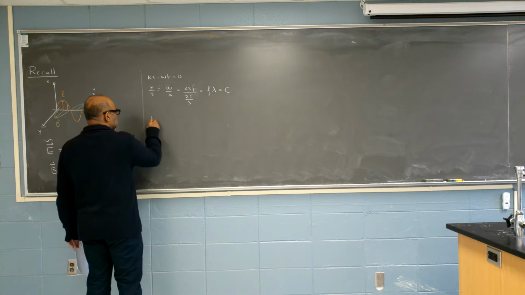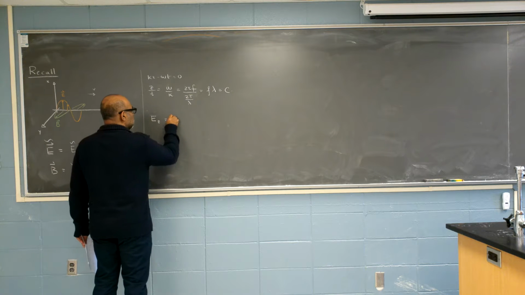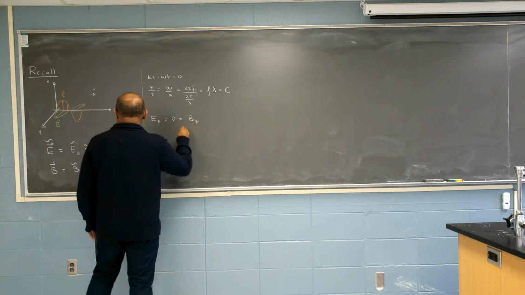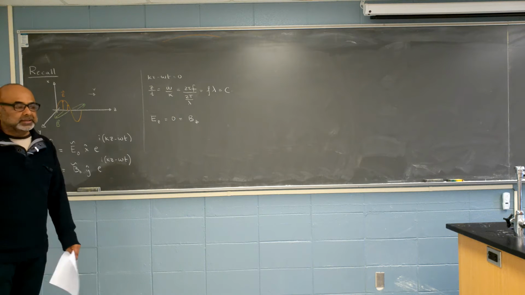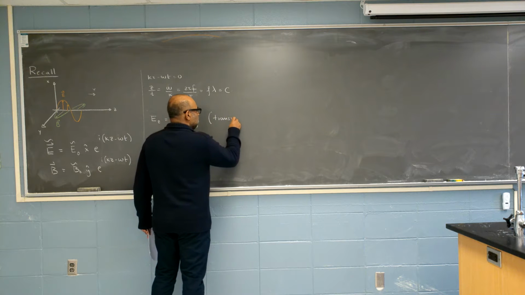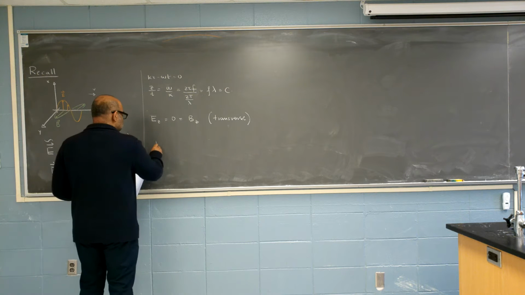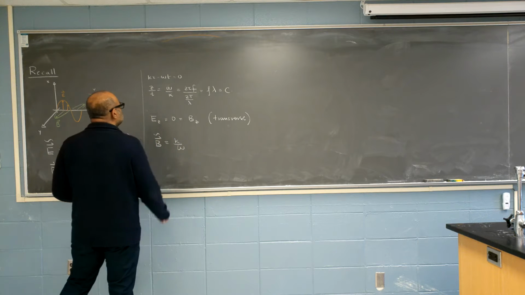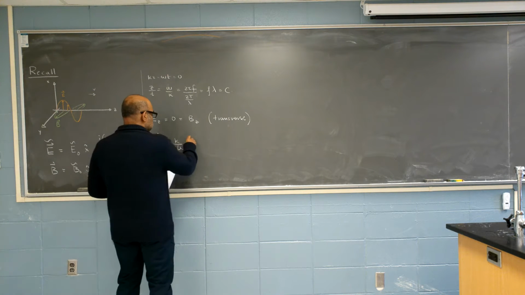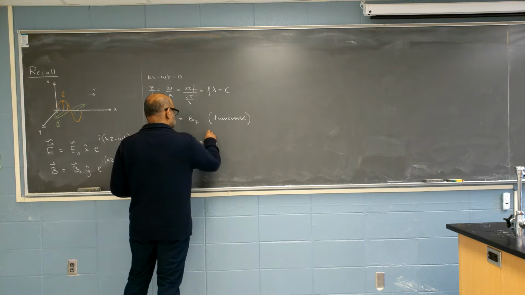Okay? But we had a few more facts. One is the fact that Ez equals 0 equals Bz. In this context, since the wave is propagating in the Z direction, we would say that it is a transverse wave. And we also had an expression. B is complex, k over omega, z hat cross E0.